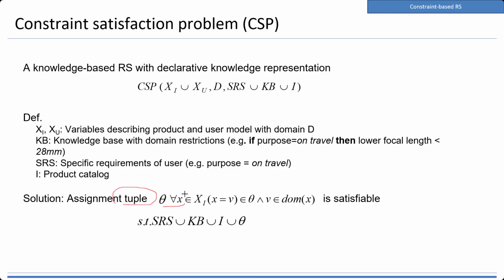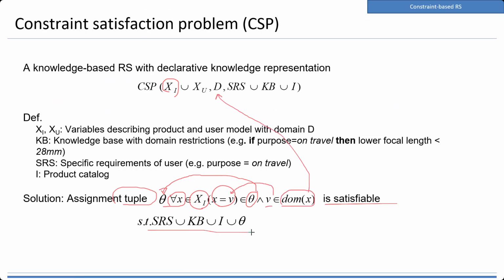So there exists an X such that Xi, the item, fits with the user requirement V in the store, meaning in the database, and V is in the domain of X. So V is one, and it is in the domain of X. Let's say the domain is camera, then it fits with the camera variable, and this is satisfiable.